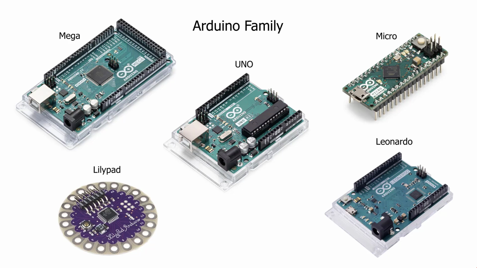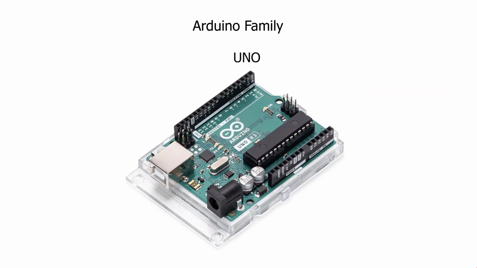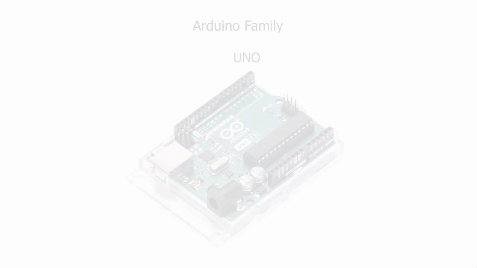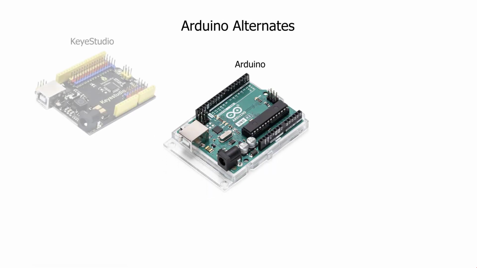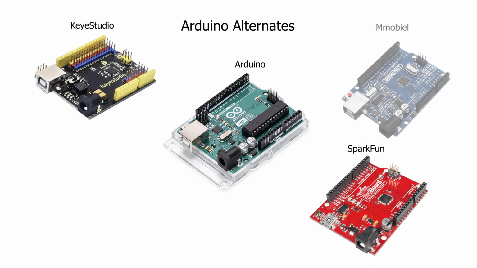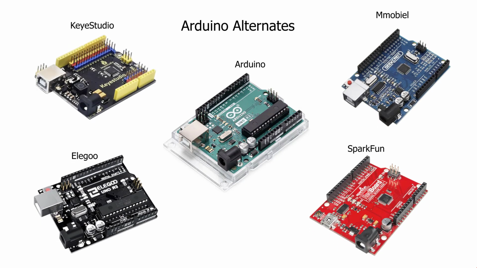Today, I will be using the Arduino Uno, their most popular version. Interestingly, since the designs are open source, there are many companies that create boards identical to this one, albeit with a different logo. Feel free to use any Arduino-compatible microcontroller.